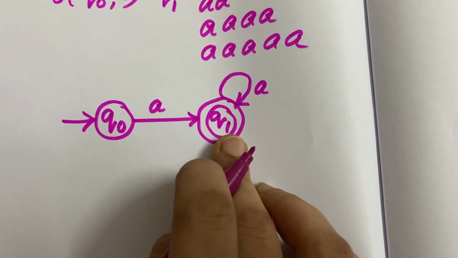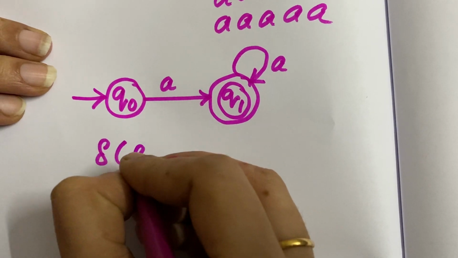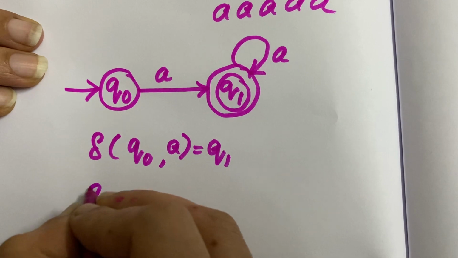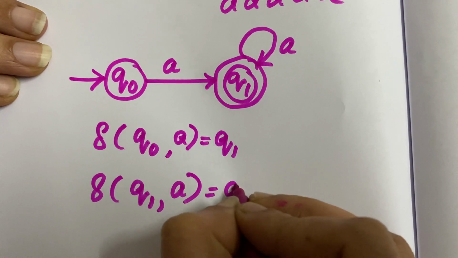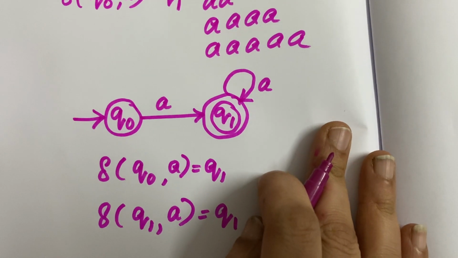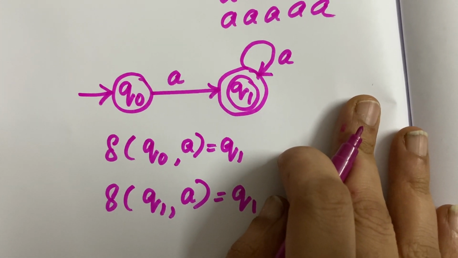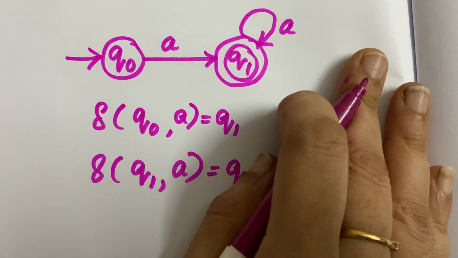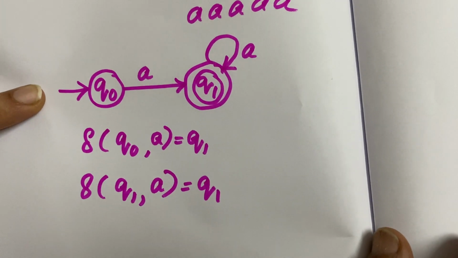So the transitions are: Q0 on A is equal to Q1, which we have already written, and Q1 on getting A stays in Q1 itself. This is your DFA for the string of A's having at least one A, that is, one A or any number of A's. These steps need to be followed and our final DFA is constructed.